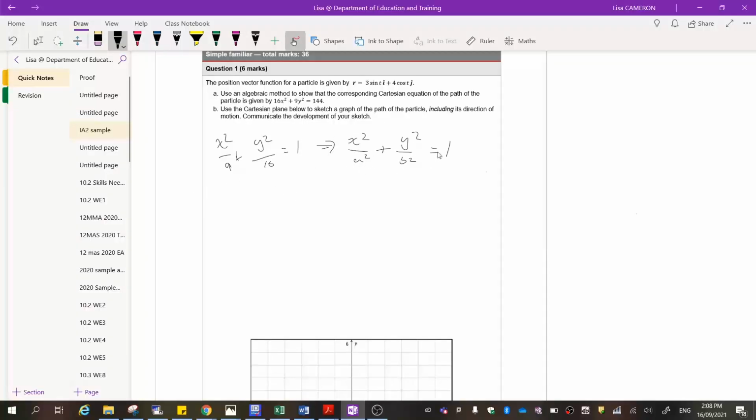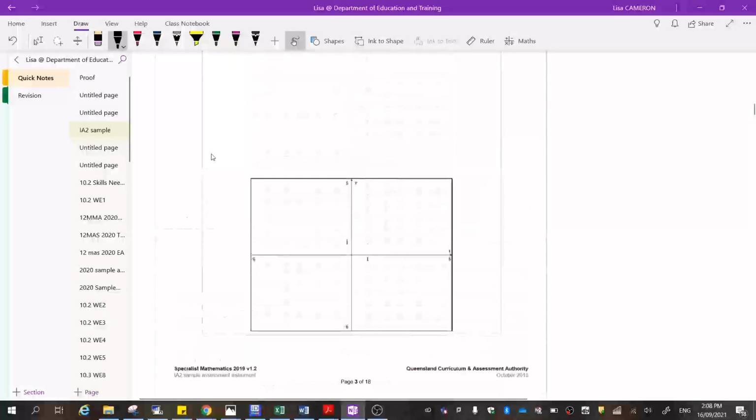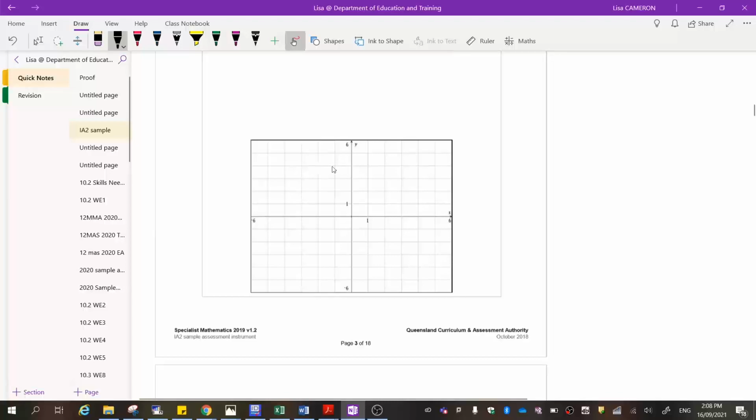Now, this equation here is actually an ellipse, which is like a flat circle. If we have a look at the graph, I'll draw it. There are a few little facts you will need to know about an ellipse.